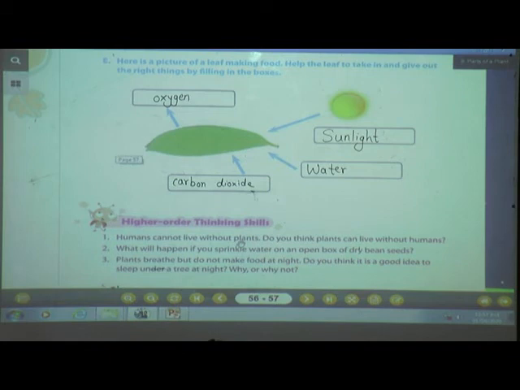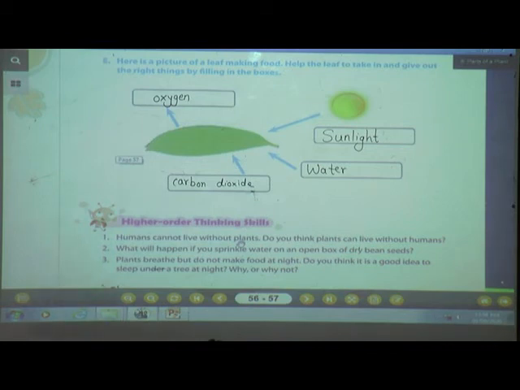If we want to live, we need to eat food, and that food also we get from the plants only. But what about plants? Humans cannot live without plants, but plants can live without humans, as plants can make their own food and do not have to depend on humans for it.